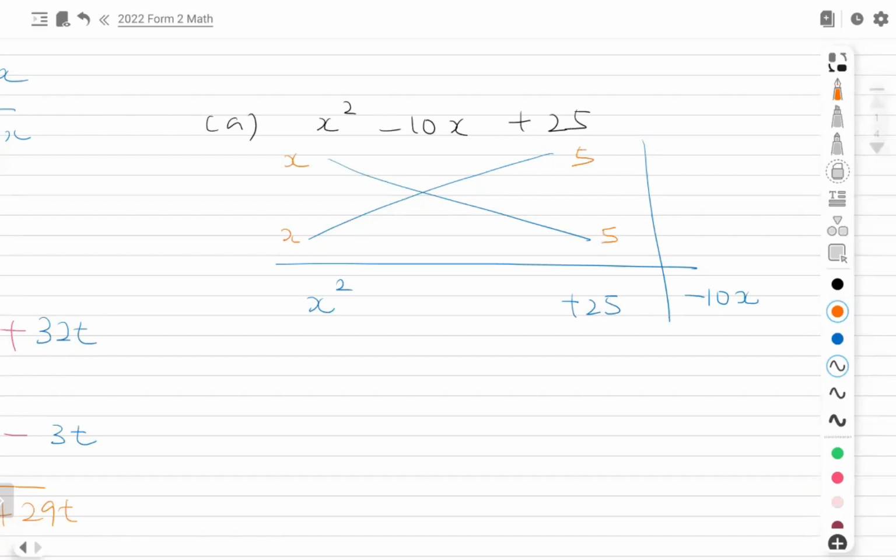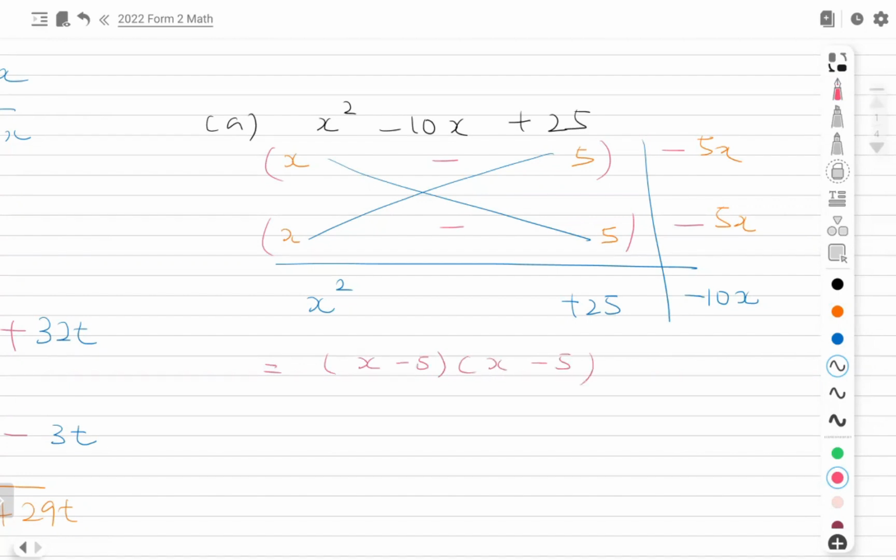Follow the line, 5x, 5x. You see 5, 5, then it becomes bigger, right? 10x. But the symbol is negative, so both also carry negative value. So negative, negative. After factorizing, x minus 5, x minus 5.